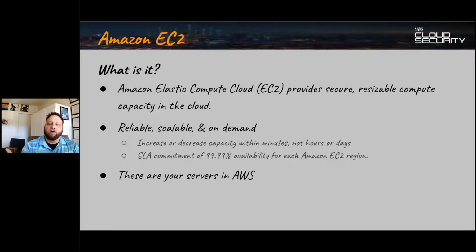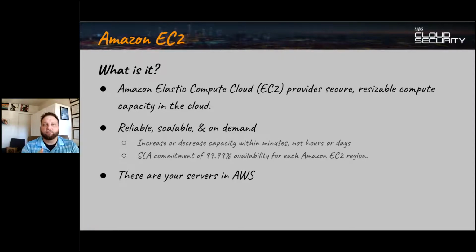All right, another one. So IAM, again, big category. It's arguably one of the most important and most used services. EC2 is another top one. EC2 is Amazon Elastic Compute Cloud, and it provides secure, resizable compute capacity in the cloud.